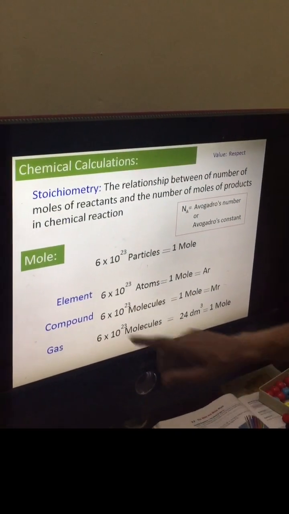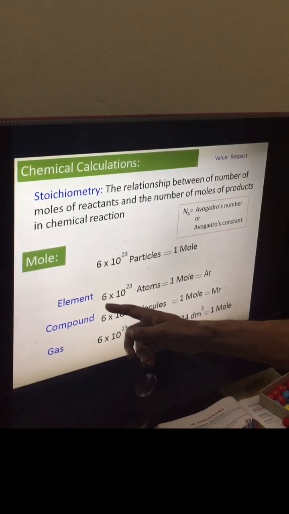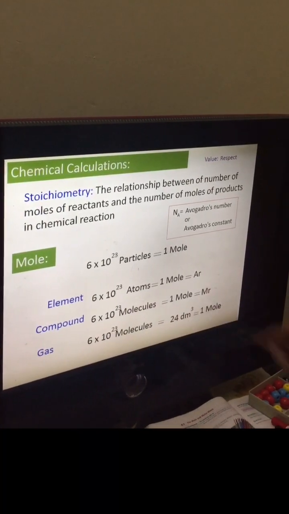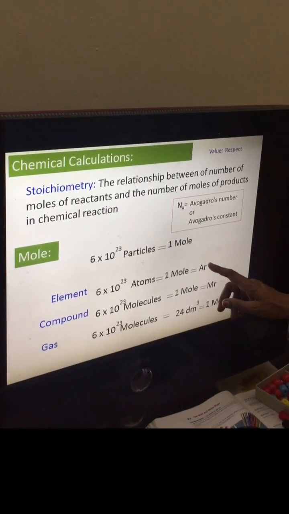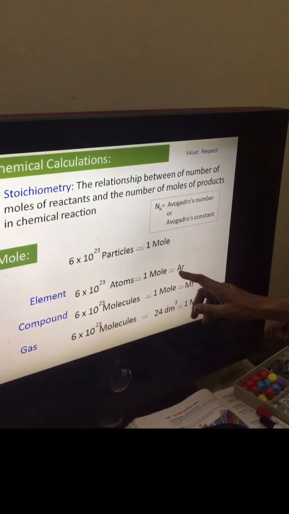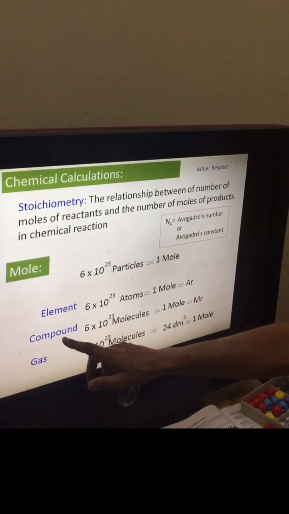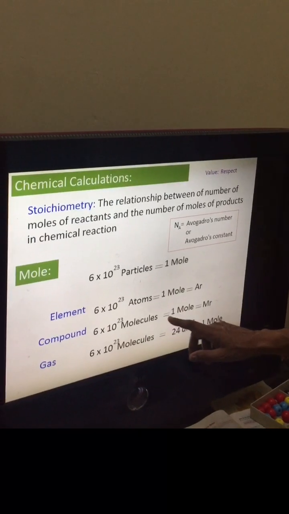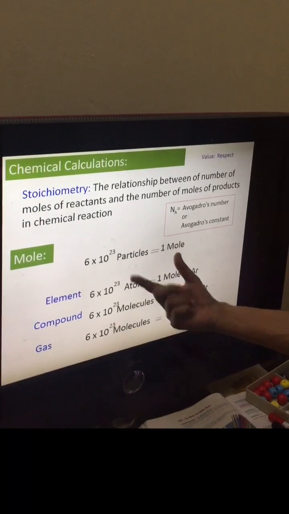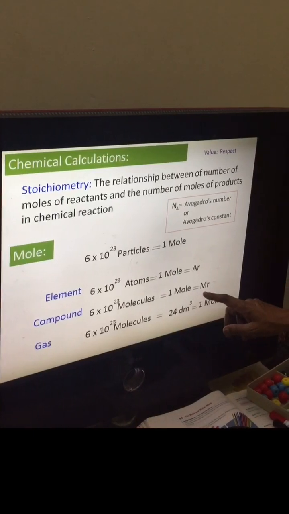If you are having an element, and these are atoms, this many atoms will be 1 mole, and that is equal to the mass of that element. That is called the relative atomic mass. For compounds, if you are having the Avogadro number, that is 1 mole, and that is equal to the relative molecular mass of the compound.